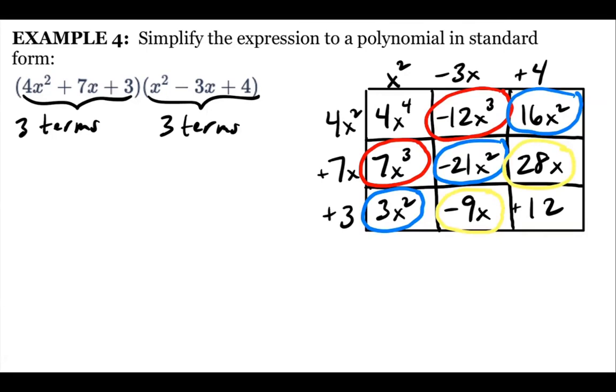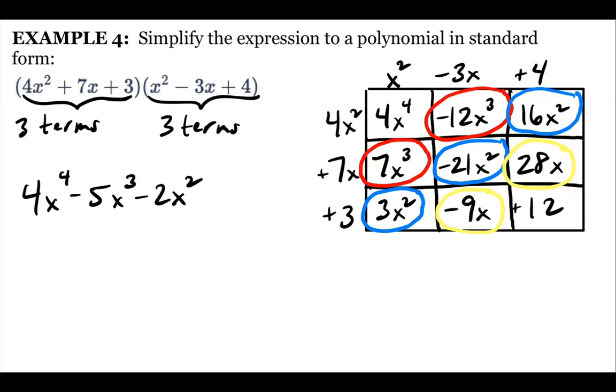Okay. So the 4x to the 4th power, there's nothing to combine that with, so that just starts out in front. The next one is cubed, the 2 reds. I combine those and I get 5x cubed. The blues, I combine the blues and I get negative 2x squared.